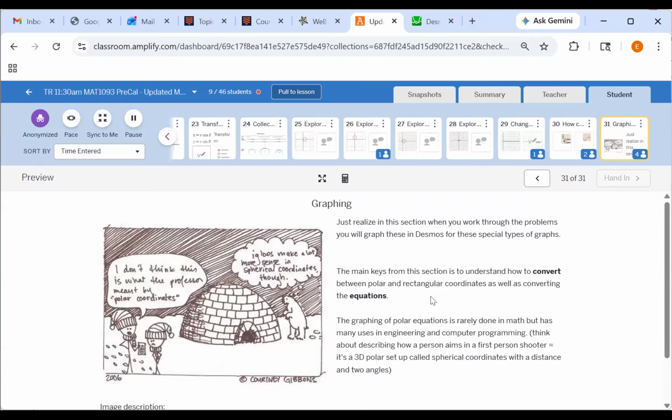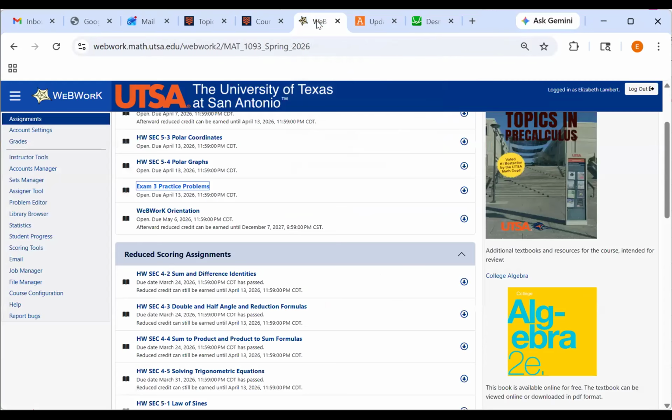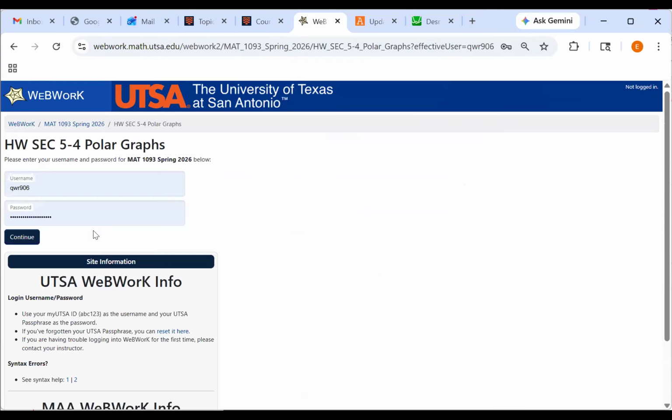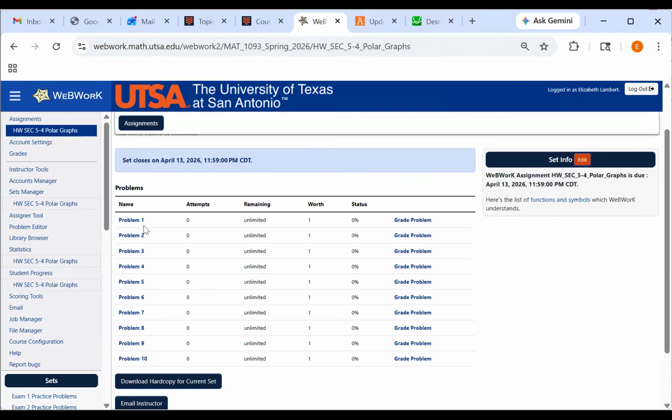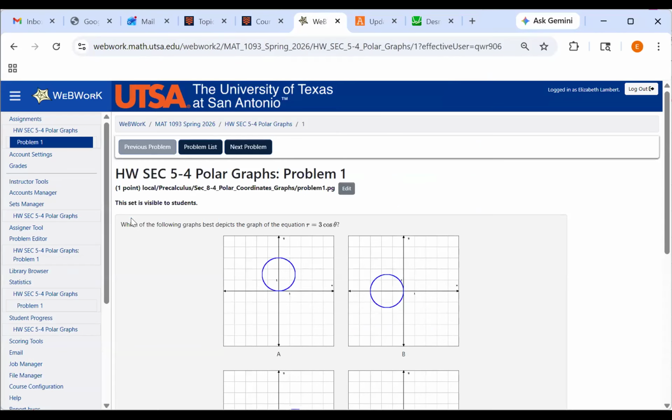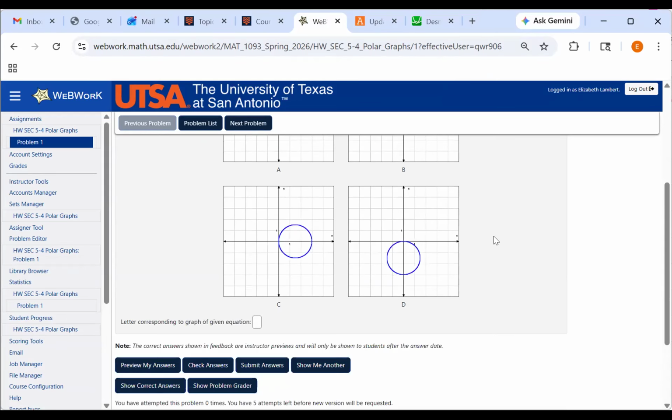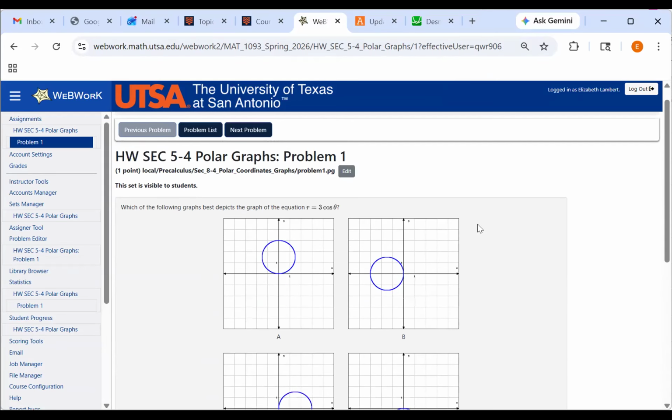All right, so what I want to look at now is actually go dig into the web work, particularly section 5.4. So I just want to show you guys what these questions look like and how we can answer them. So we have the equation r equals 3 cosine theta.